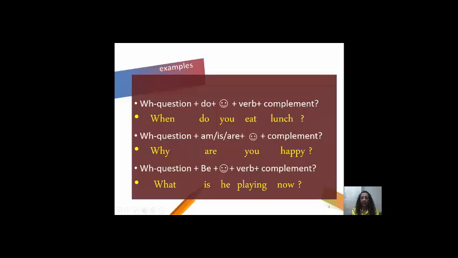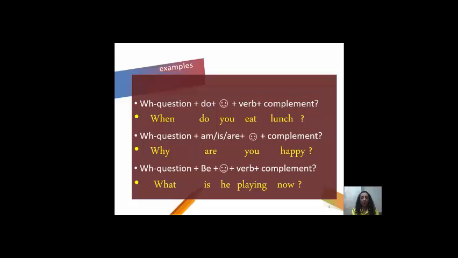Another one. This is a present continuous verb. So we begin the question with verb to be to make a yes or no question. Is he playing now? Then put a question word at the beginning of it to change it to a WH question.